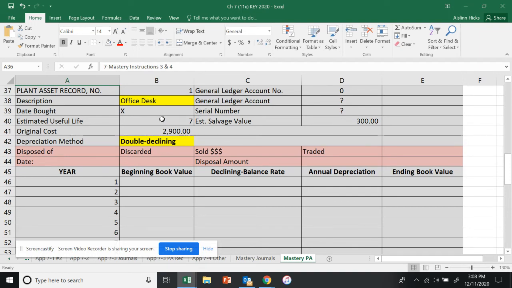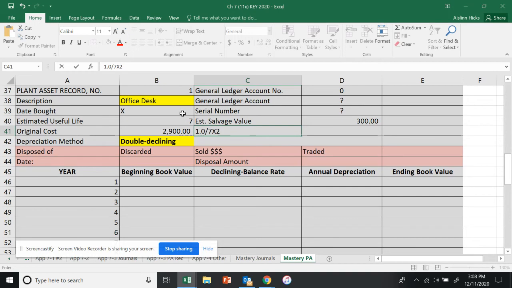You're going to take 100% divided by years, times 2. So I would take 1.0 divided by 7, times 2. I'm not going to show you the percent that you get, but that's the rate you'll use.